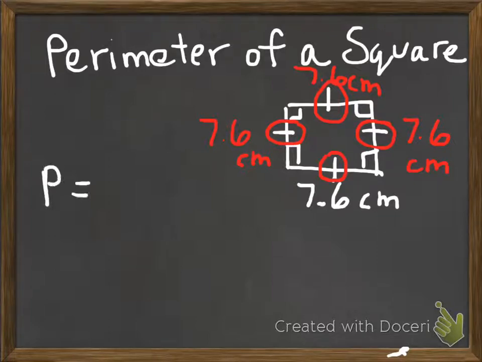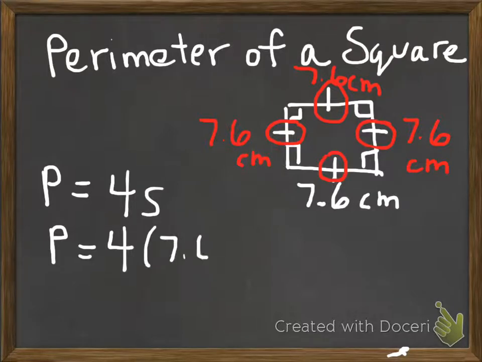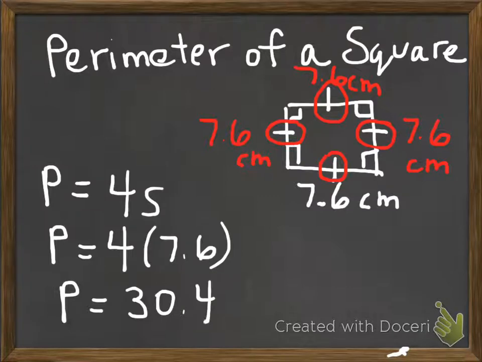So if the perimeter is 4 times the side, and we know that in this case a square has 4 sides with the measurement of 7.6, and then we solve it and we figure out that the perimeter equals 30.4 centimeters when we multiply 7.6 times 4.